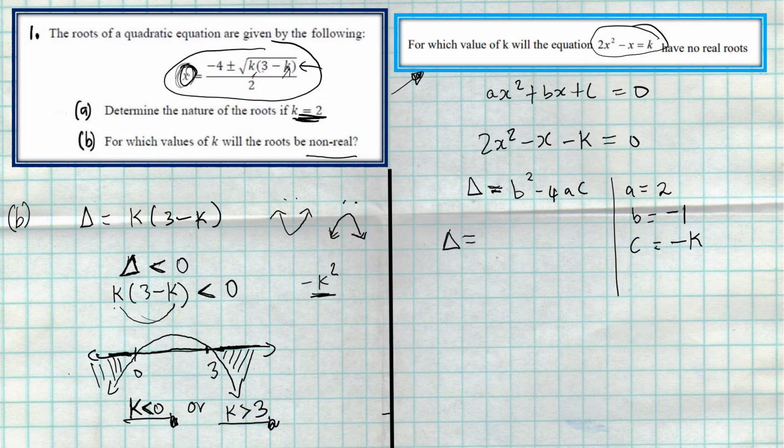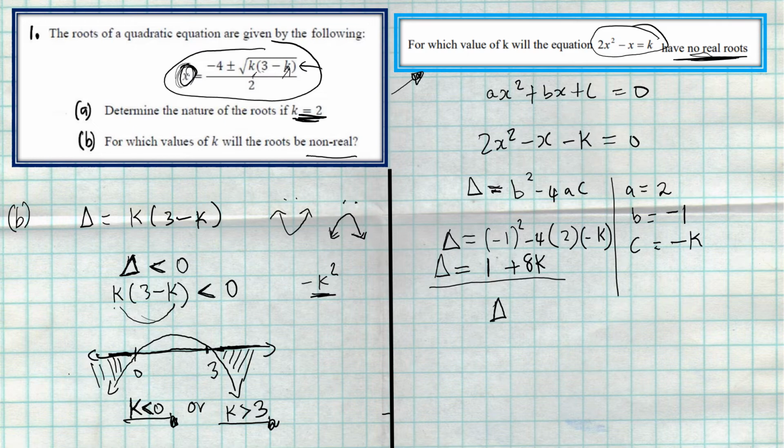So if I go and calculate delta, it's minus 1 squared minus 4, where a is 2 and c is minus k. Can you see? So delta will be equal to minus 1 squared, which is 1, minus 4 times 2, which is minus 8, and minus 8 times minus k is positive 8k. So this is my delta. After calculating the delta, I can go and solve the question. They are saying for which values of k will the equation have no real roots.